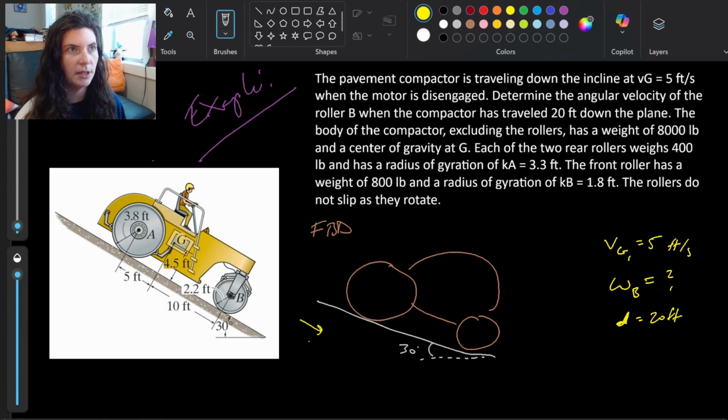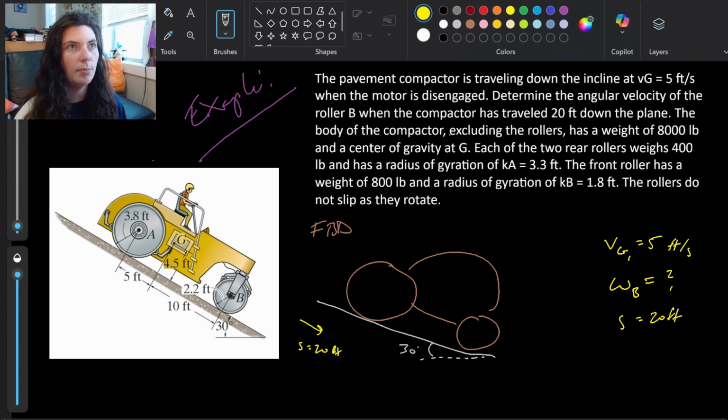Right, that's our displacement. You could say S is 20 feet, whichever you prefer. I guess S makes a little more sense. Let's change that. And then again, just picking out stuff from my prompt up here so I can write it down and also stick it on my free body diagram.